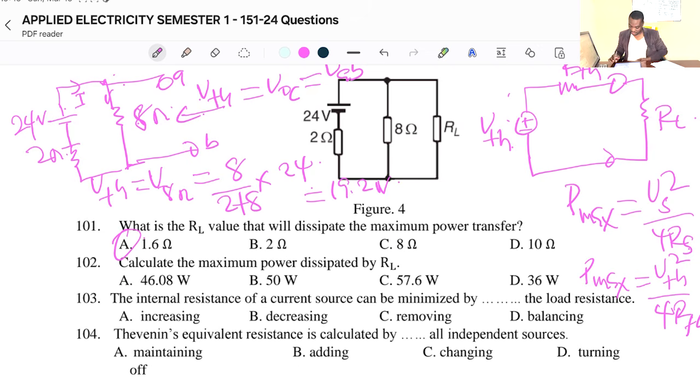So we replace in the formula: the maximum power dissipated by the load resistor equals 19.2 squared over 4 times 1.6, and that gives us 57.6 watts. So that will be C.